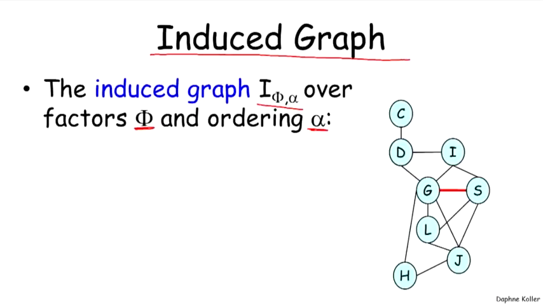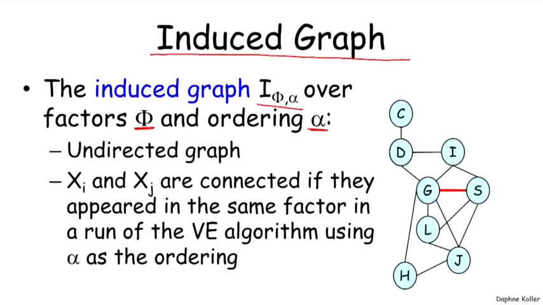So this induced graph has the following properties. It's an undirected graph where we connect every pair of variables xi and xj if they ever appeared in the same factor when we ran variable elimination using alpha as the ordering. And so in this case, all of the black edges were there to begin with, and we ended up introducing just one of those additional new or fill edges.